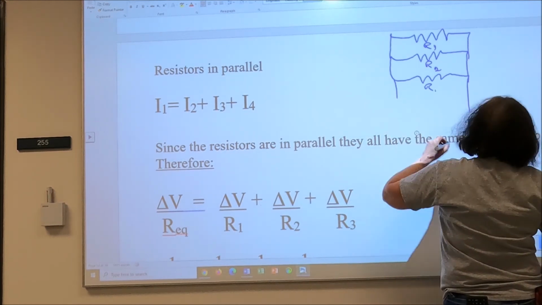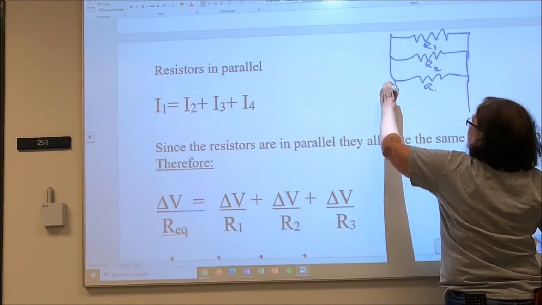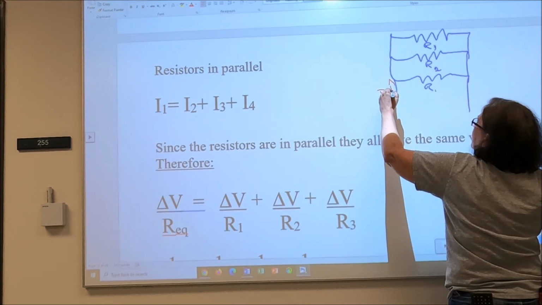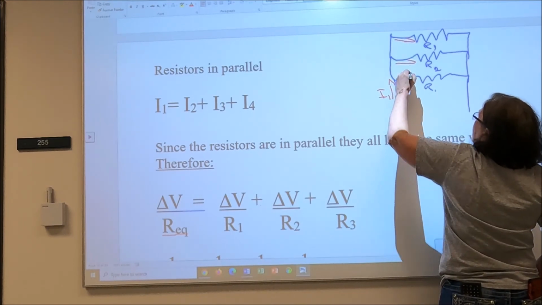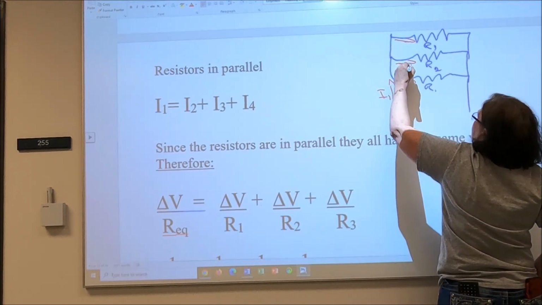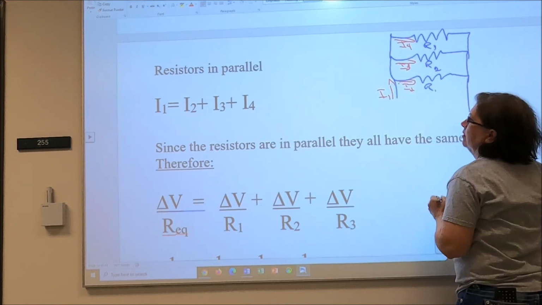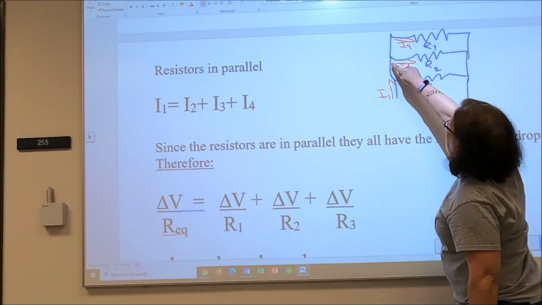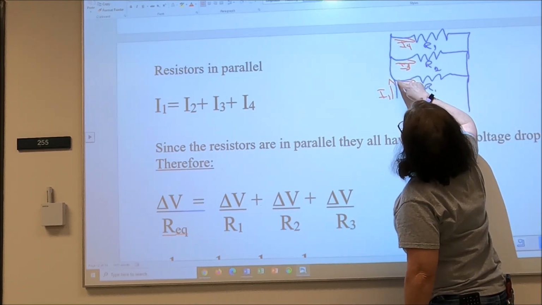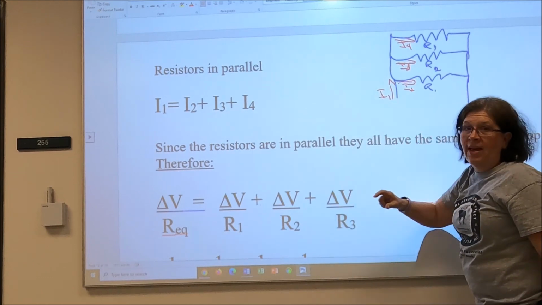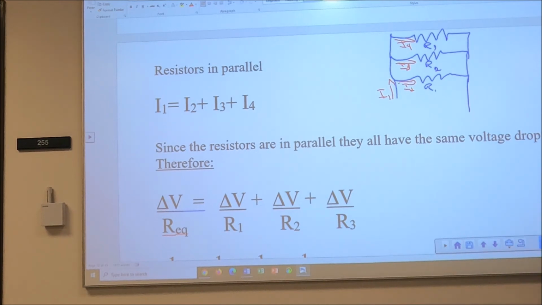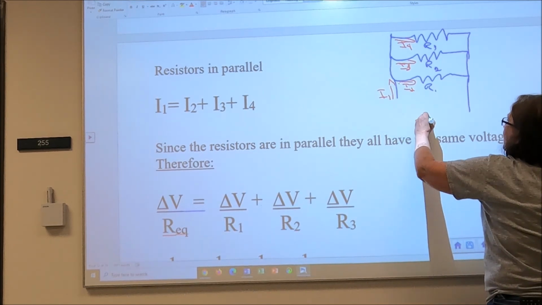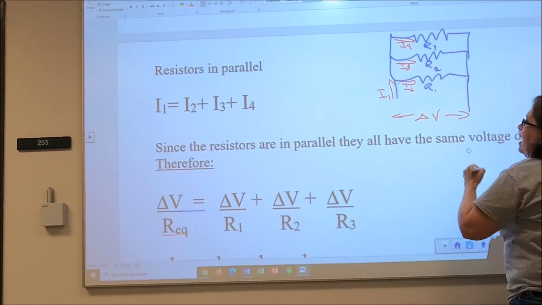If I have a current coming in here, I1, you can think about it as being split up into an I2, an I3, and an I4. Since there is no resistance in this wire, this point and this point are all the same. They're a single junction point. When resistors are in parallel like this, they all have the same voltage drop. Delta V is the same across all of them.